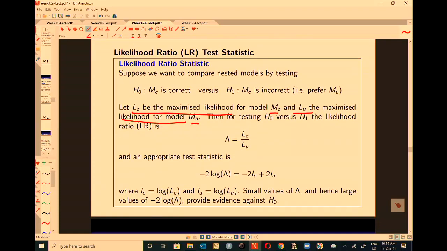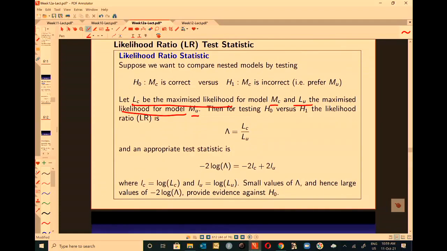I take its log and negative twice log, because of course usually these kinds of things are less than 1 or whatever, so the log likelihood becomes negative. So we take its negative to make it positive when we take the log. And so negative twice the log likelihood is essentially twice the log likelihood of the top and twice the log likelihood of the bottom subtracted. The negative makes it the other way around.